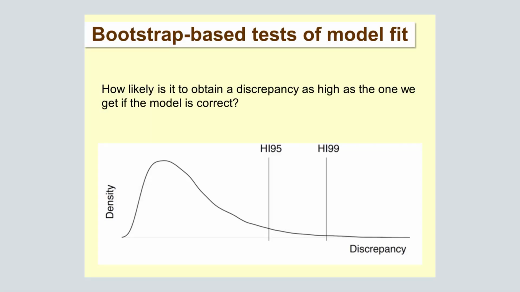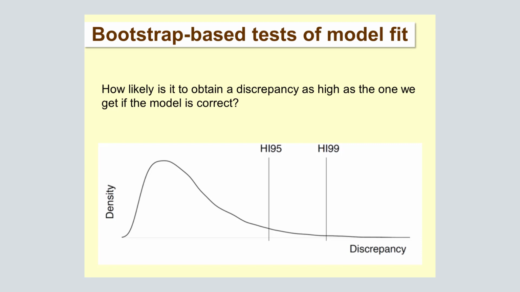Once we have chosen a discrepancy function, we can run a sort of simulation study, the so-called Bollen-Stine bootstrap. The Bollen-Stine bootstrap works as follows. We define the population as our model, and we draw samples from this population. And for each sample, we estimate the model and we get a discrepancy.